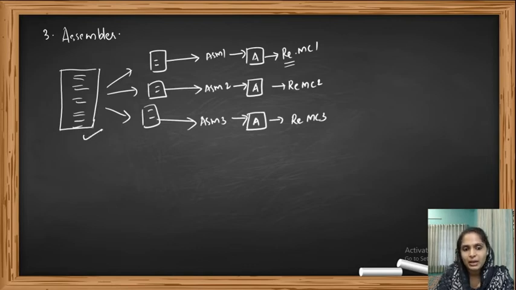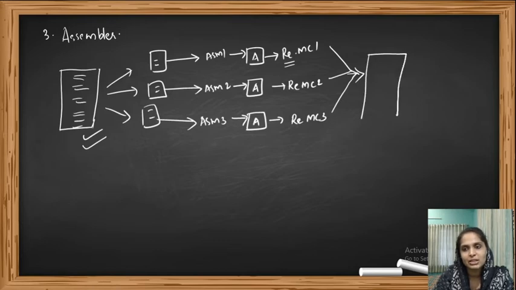So once we compile this large program in pieces, we will get multiple relocatable machine codes. In order to create the target program, the first step is we have to link together all these relocatable codes. That is, we have to integrate these relocatable codes into a single code. This linking together will be done by the linker.